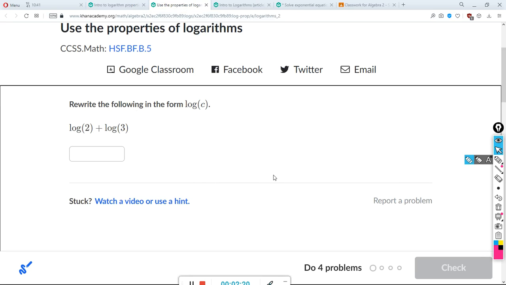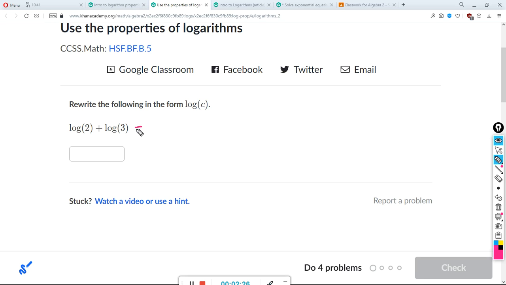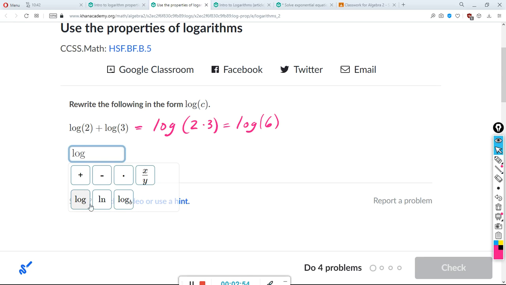So the log of 2 plus the log of 3 is the same thing as the log of 2 times 3, because you're adding them together. And of course 2 times 3 is just 6, so it's the log of 6. You can put parentheses if you want, but you don't need to because it's just one number. So I'm going to click log and then just type 6. You don't need the log with the base because it's all base 10.